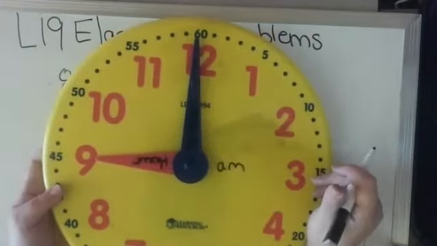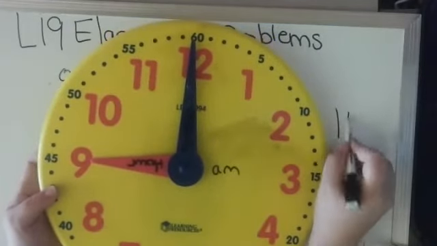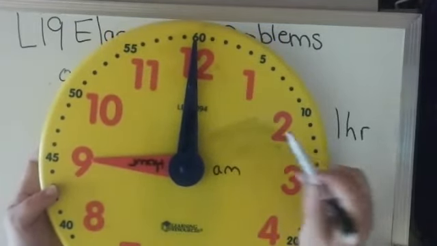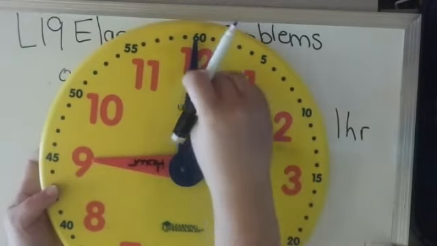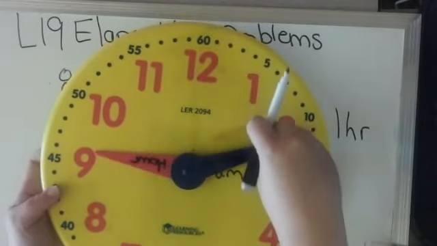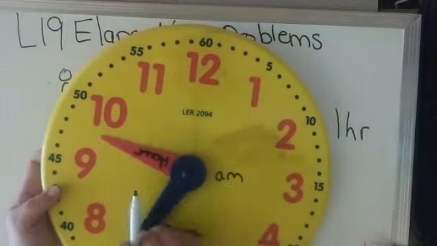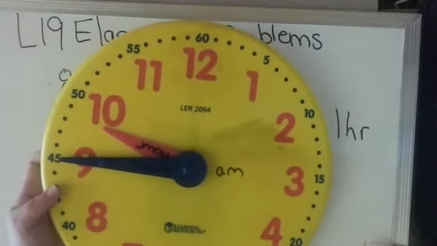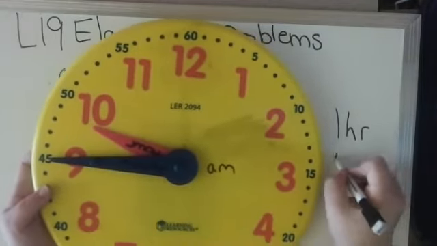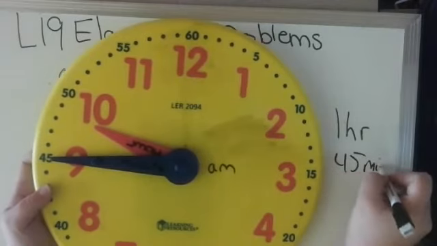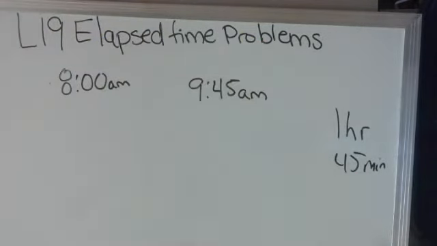I could write that over here, 1 hour. I now need to get to 9:45, so I would count 5, 10, 15, 20, 25, 30, 35, 40, 45. I'm now at 9:45, which was 45 minutes. So I have a difference of 1 hour and 45 minutes. That's one way to do this.